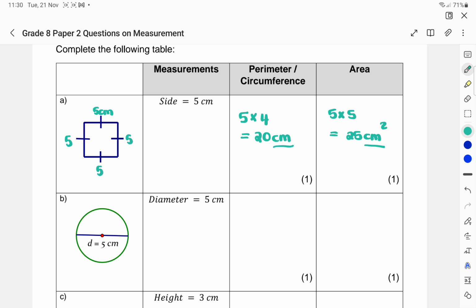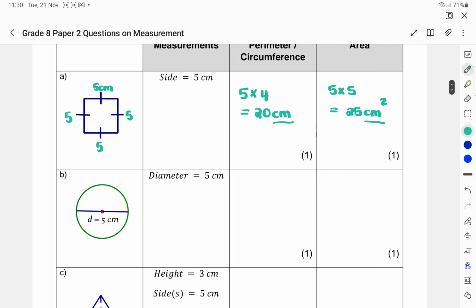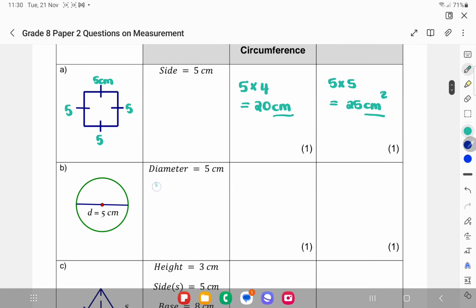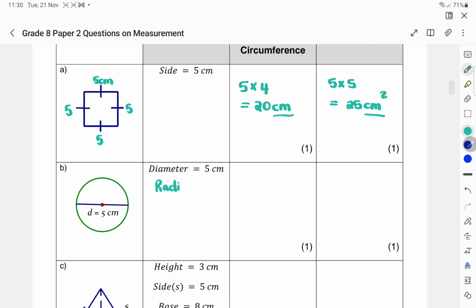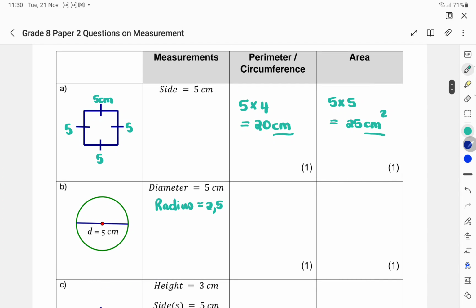And what would be the area of that? Okay. The diameter over here, they give you the diameter is 5, but you could also use another formula, we use the radius, which gives you 2.5.